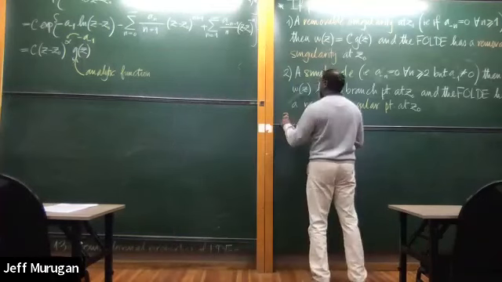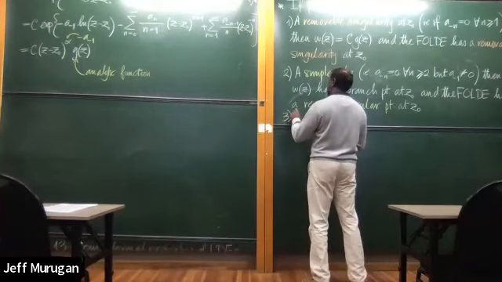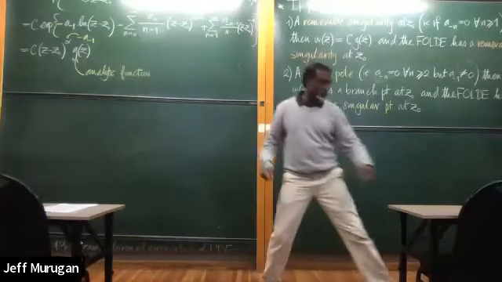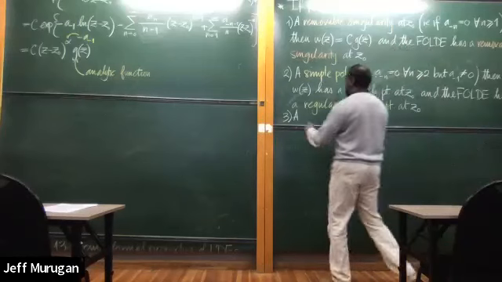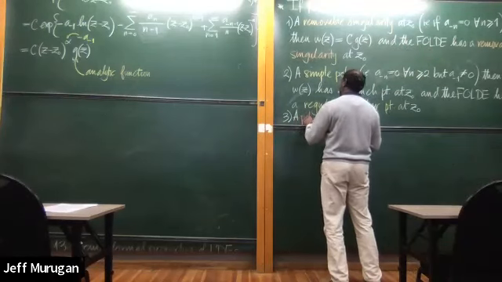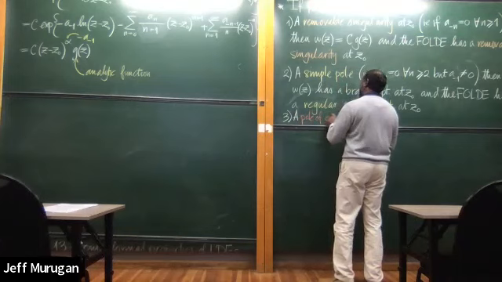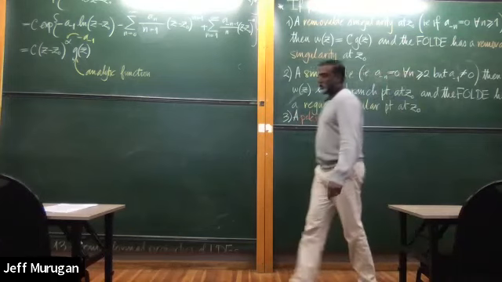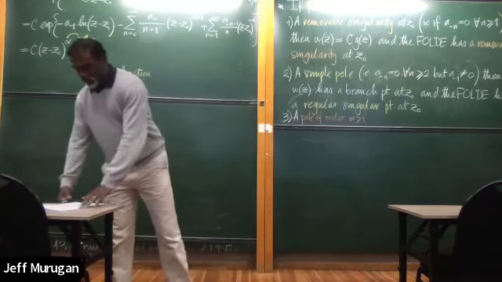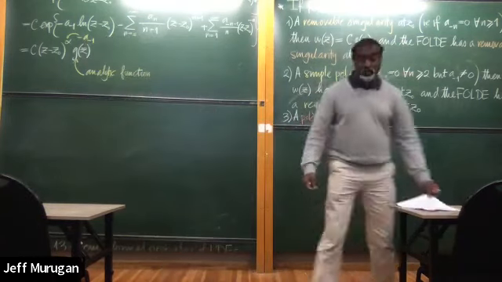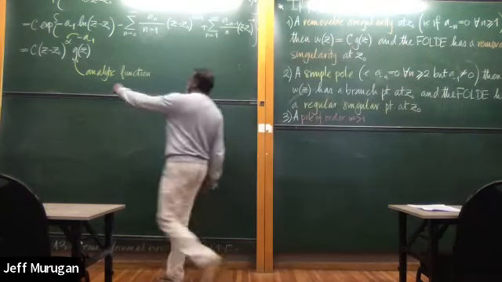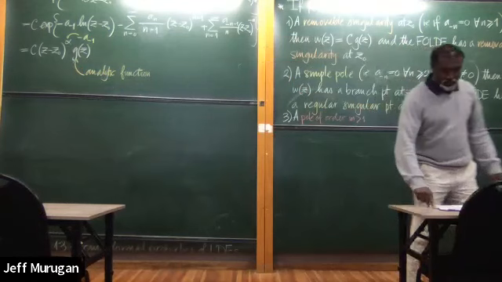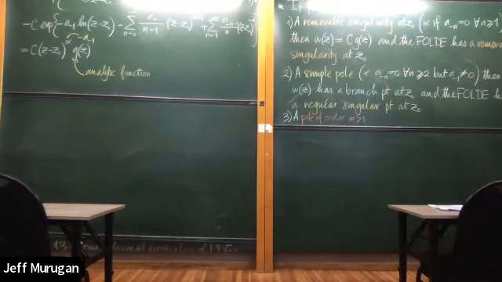Then finally, if it has a higher order pole, a pole of order m greater than 1, then w of z has an essential singularity at z naught, and we say that the linear DE has an irregular singular point at z naught.